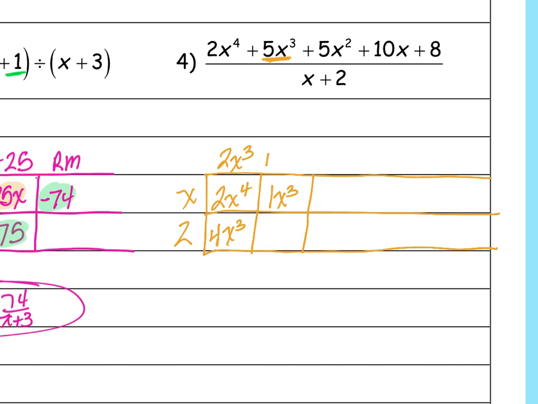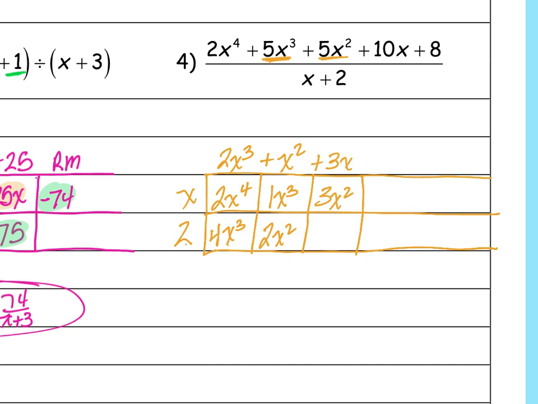Woohoo! Okay, and 2 times x squared is 2x squared. Now, what do I add to 2x squared to get 5x squared? 3x squared. Nice, Jordy. What do I multiply x by to get 3x squared? 3x.